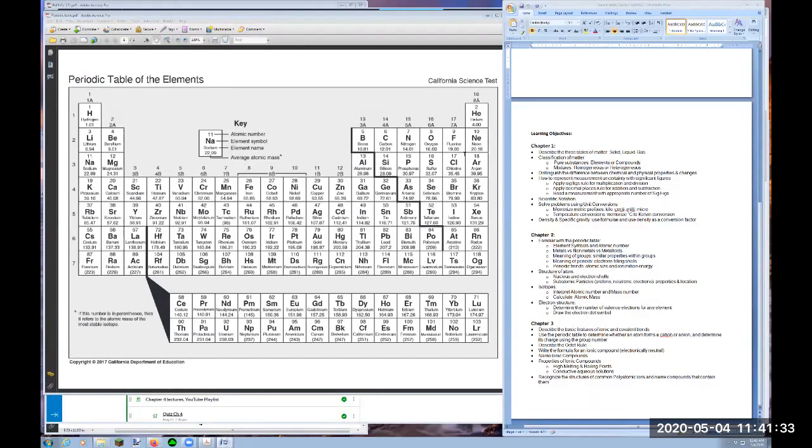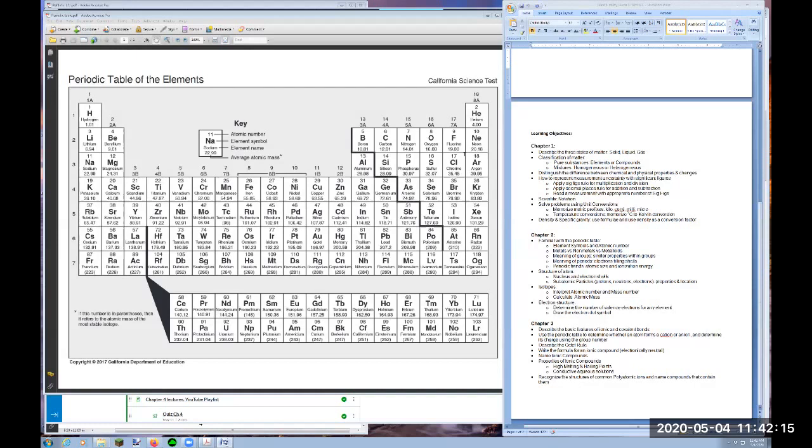For example, fluorine, atomic number 9, in group 7A here, has 7 valence electrons, right? 7A here means 7 valence electrons for fluorine. It needs just one more to be surrounded by 8. So fluorine will like to gain an electron and become an F- ion. And that way it will have 8 electrons around it by gaining one more electron. So that's why atoms do make ions like that.